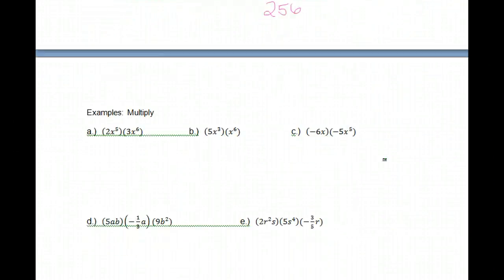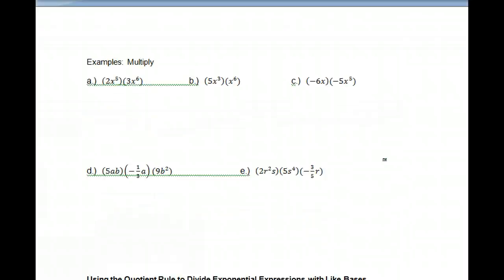I would like for you guys to go ahead and try a couple of these. Actually, before I set you loose, let me show you how to do a couple of these first, because they have coefficients, and then I'll have you try some. These ones introduce the problems having a coefficient with them.